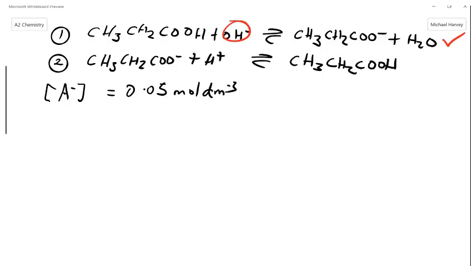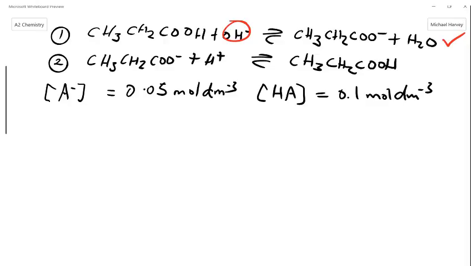We are also told that the initial concentration of the propanoic acid, which we will shorthand as HA, will equal 0.1 moles per decimeter cubed.